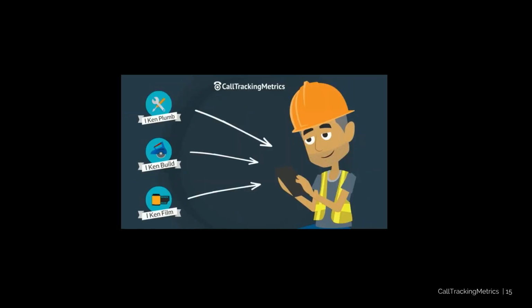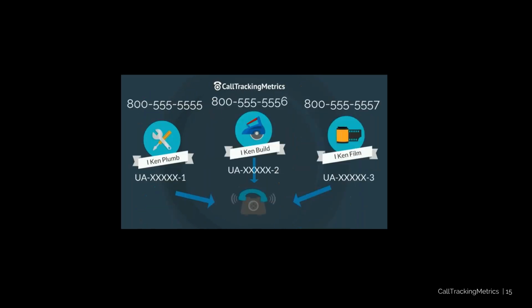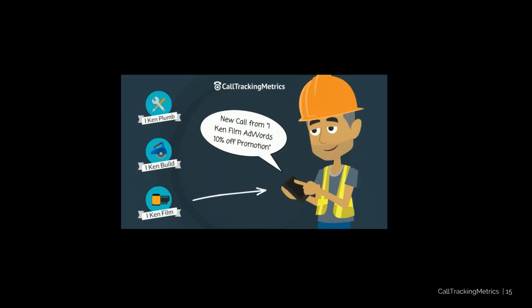Even though he has 3 separate businesses, all of them ring directly to his cell phone. CallTrackingMetrics allows Ken to have unique tracking numbers on each of his websites, so he can identify the service a caller is interested in and the Analytics property tracking the visits. CallTrackingMetrics allows Ken to be extra prepared for every call by playing a whisper message announcing which service and promotion the caller is interested in.